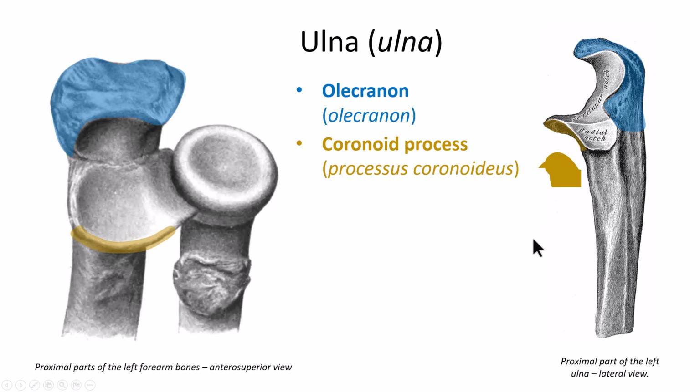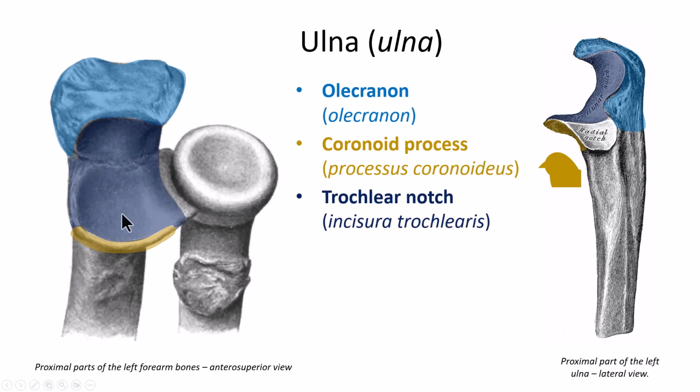Now let us note that these two processes together form a specific concavity known as the trochlear notch, incisura trochlearis, marked in navy blue. This notch articulates with the trochlea of the humerus, enabling flexion movements in the elbow joint.